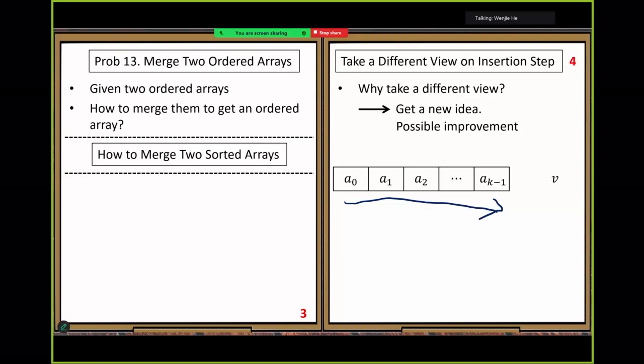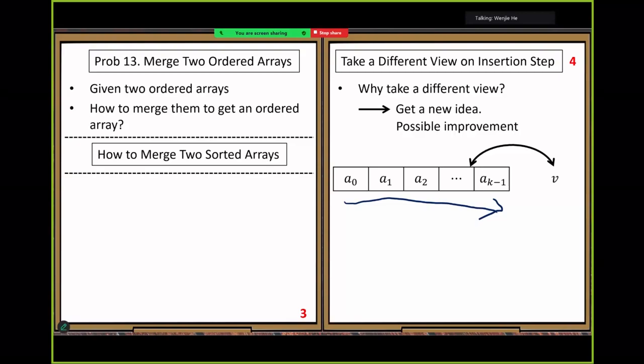So you can borrow the implementation details from the insertion step. Now when we do the insertion, remember we compare V with the elements one by one from one end, from the right end, in sequential order.